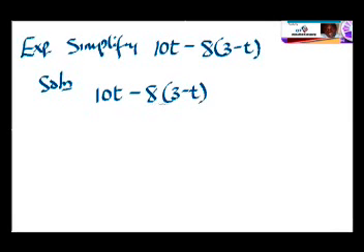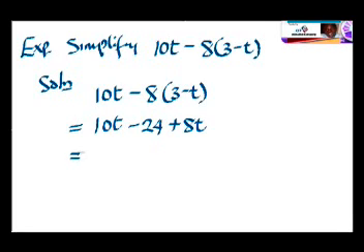Now I'm going to expand these parts. I have my 10t, which is a term there that is not to be touched, and minus 8 times 3 will become minus 24. Now minus 8 times minus t, you see there's a minus sign here. It's going to affect the sign in the bracket, which becomes plus 8t.